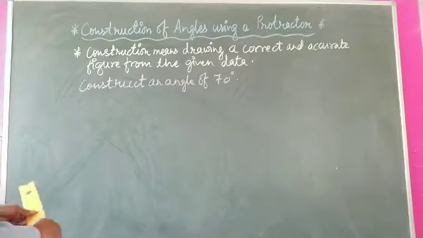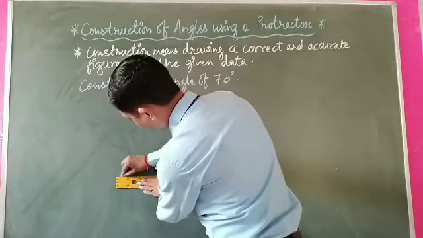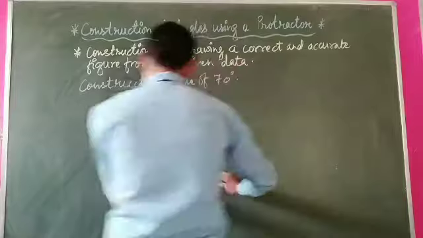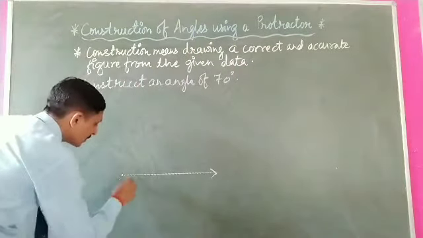So what do we have to do? First of all, we have to draw a ray AB. This is our ray AB.